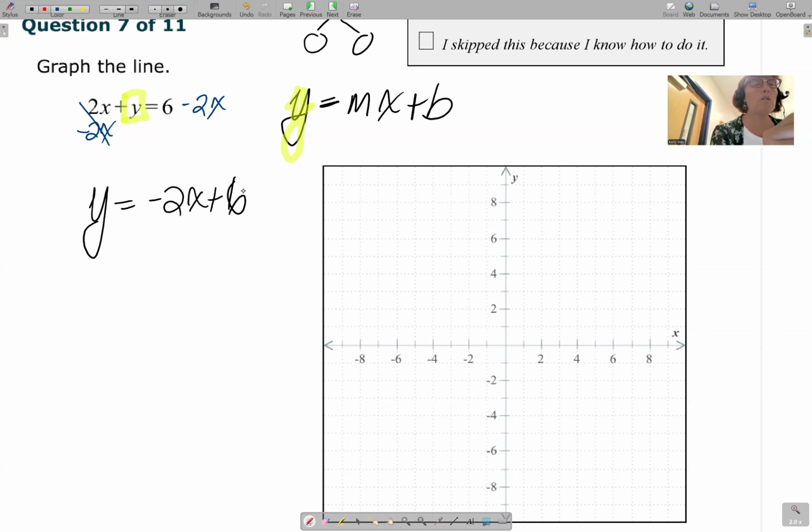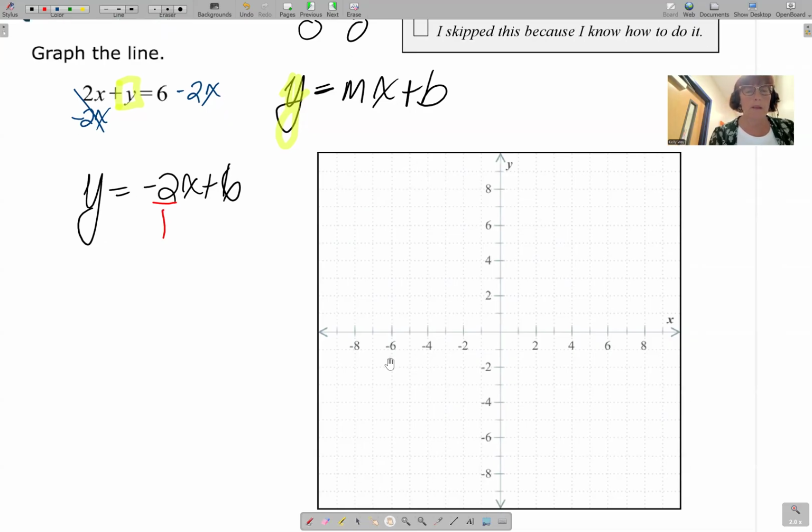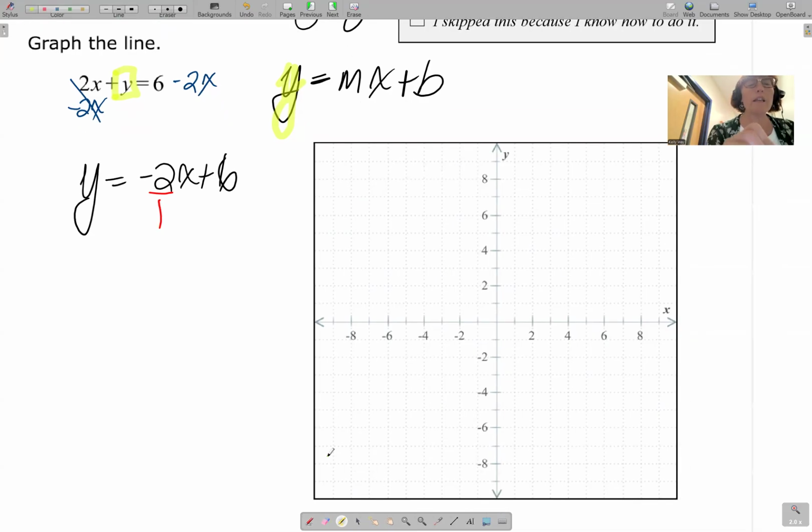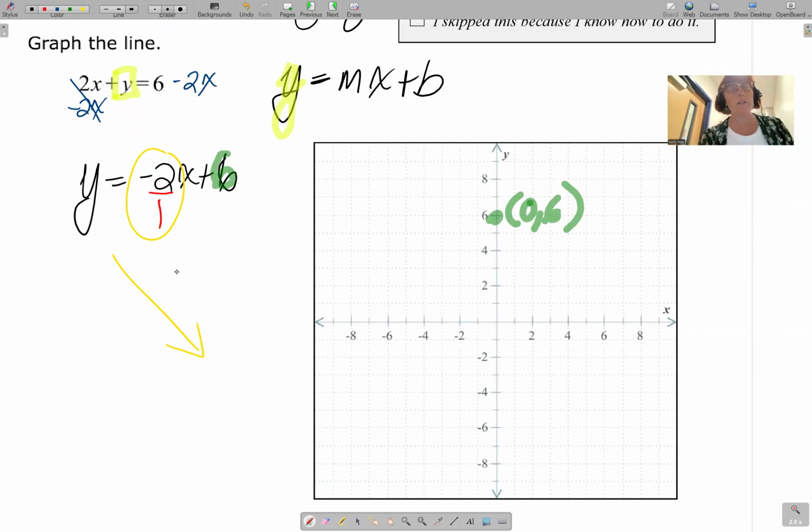All slopes are fractions, so you need to pop that over 1. My y-intercept is going to be 6. My slope is negative, so I know my line will go down from left to right. So I rise 2 and I run 1, or I could drop 2 and run 1, and there would be your line.